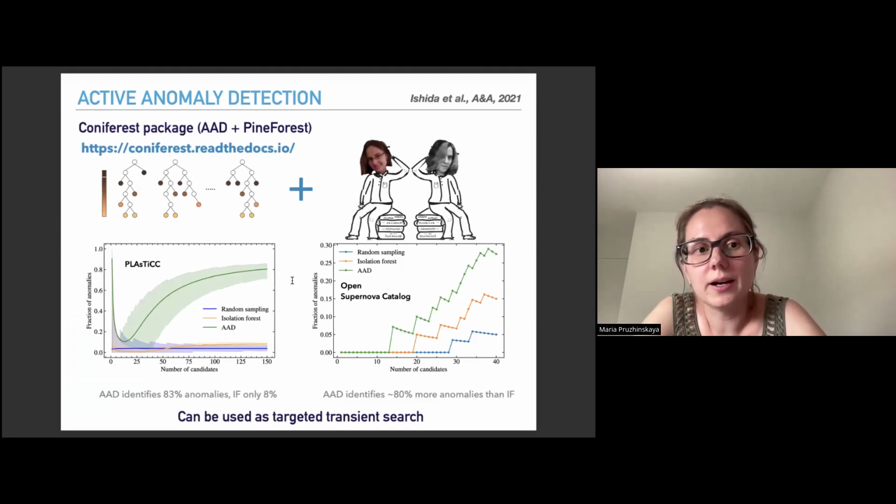We developed the so-called coniferous package. It consists of 3 different algorithms. The first one is our implementation of scikit-learn isolation forest, and there are 2 other algorithms: active anomaly discovery, and pine forest.